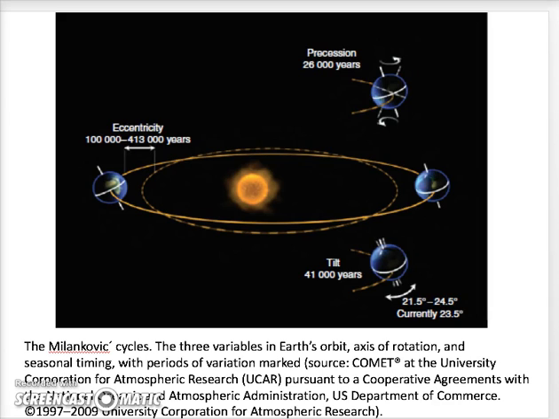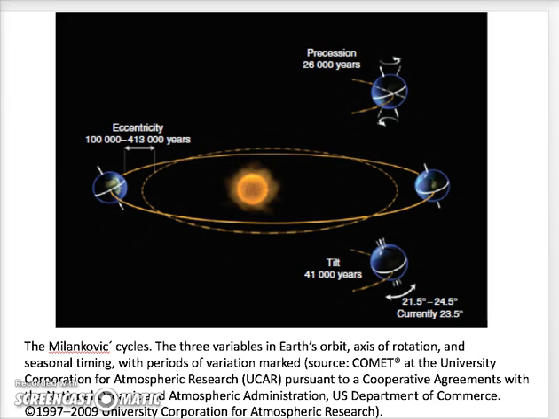The path of the Earth around the Sun is slightly elliptical, and the degree of this orbital eccentricity varies over about a 100,000 year cycle. The axial tilt, formerly known as the obliquity of the ecliptic, varies over a 41,000 year cycle. Finally, the position of the Earth at the spring equinox varies.